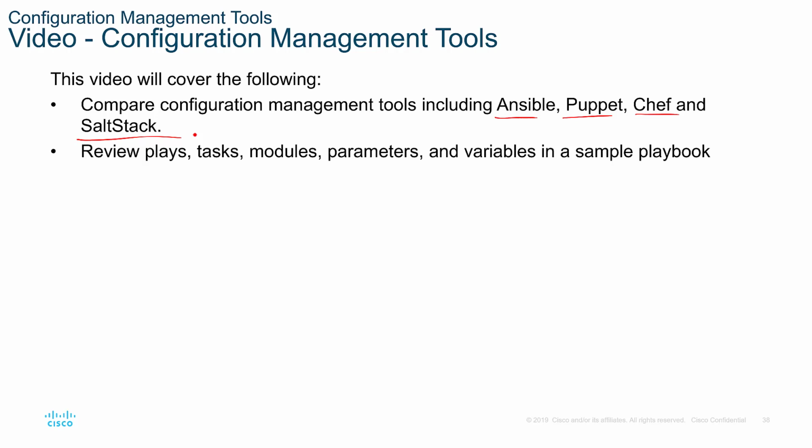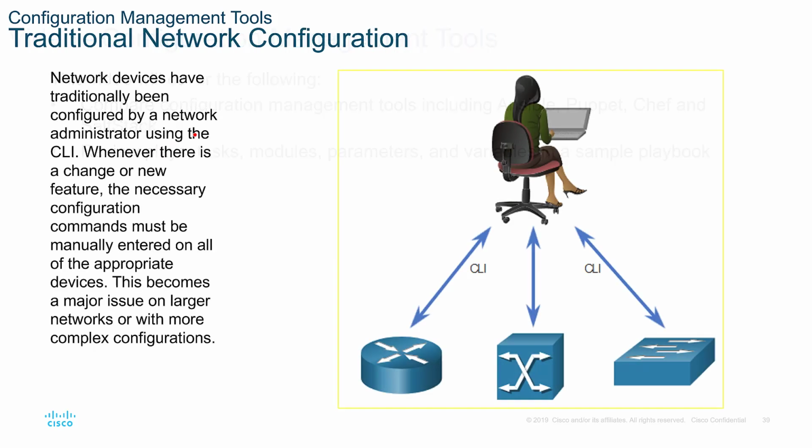So you do want to make sure you understand what they are. Our traditional network configuration might be done via a CLI or terminal connection between our routers, our layer 3 switches, and our layer 2 switches.